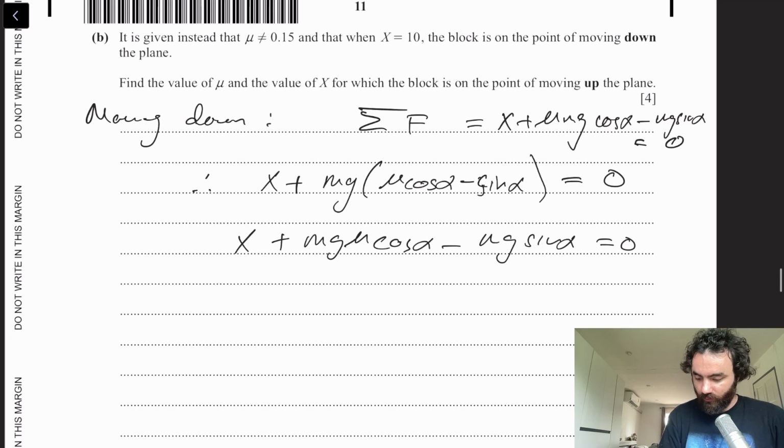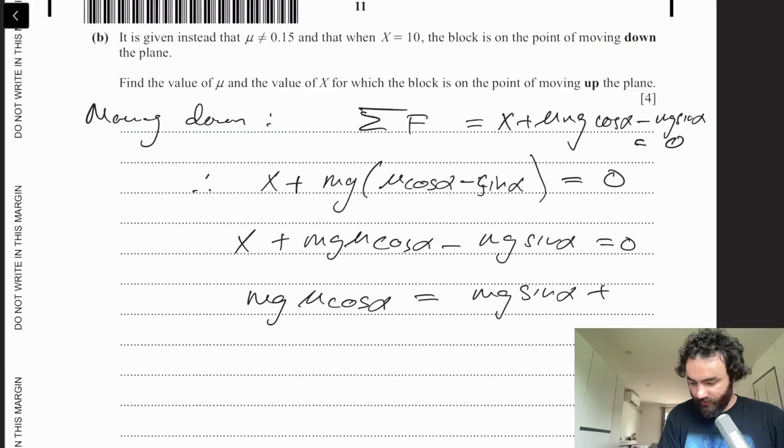Okay, so then we're going to rearrange for mu. We get mg mu cos alpha equals mg sine alpha minus x. Divide by mg cos alpha. So we have an equation for mu.